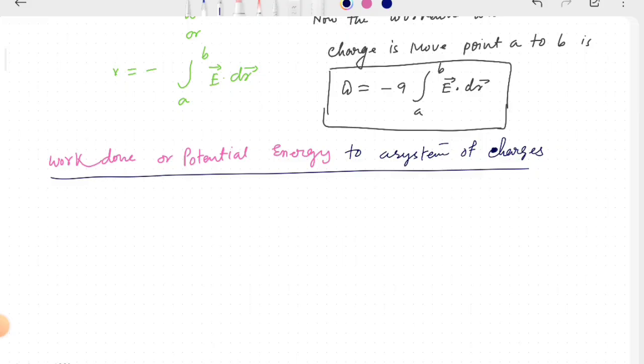What do we do actually? First of all, we take a simple case. Let us consider we have three charges, Q1, Q2 and Q3.